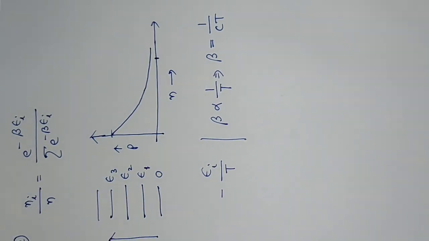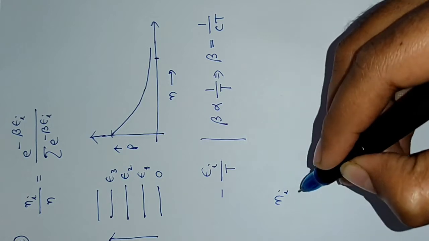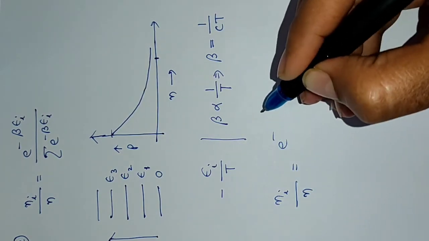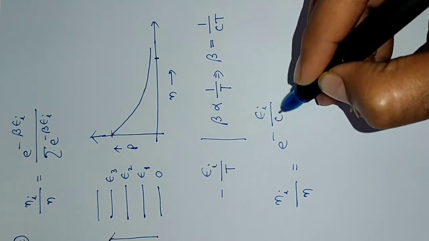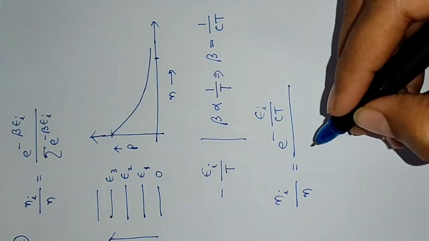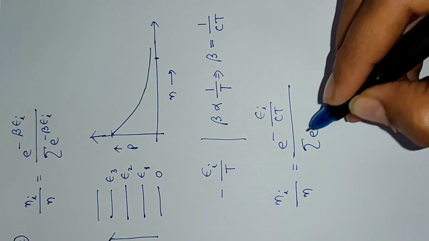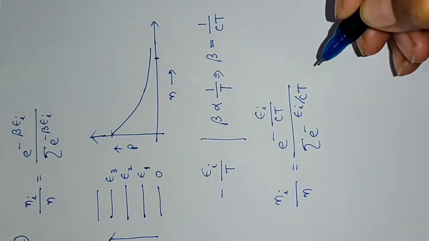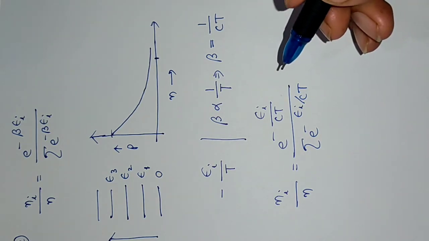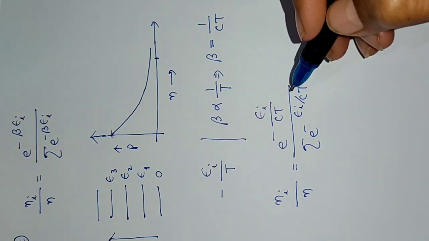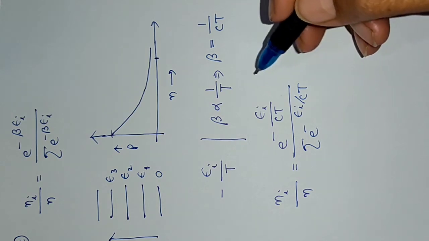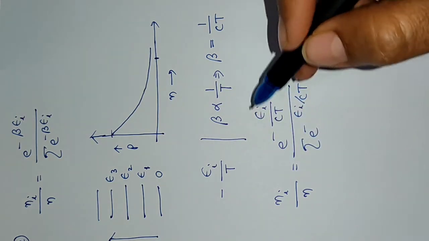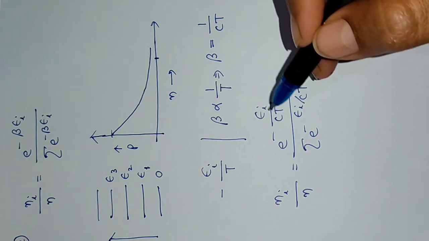Now if we put it here, we'll get e to the power minus epsilon i upon CT by summation over e to the power minus epsilon i upon CT. So if the question is how to put the temperature in the Boltzmann distribution law, then this will be your answer, that I will put the temperature factor in the denominator of the exponential term.